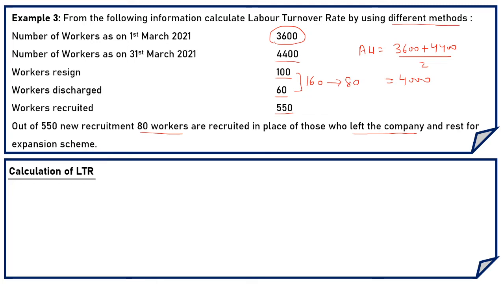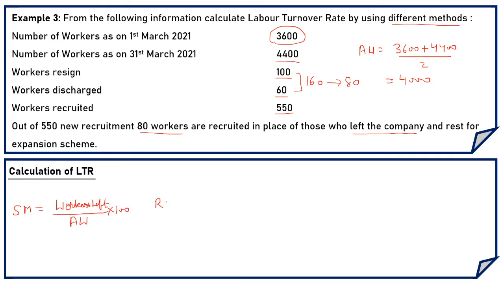Now to calculate labor turnover rate by different methods, first we write the formula. Our formula under separation method is workers left divided by average workers into 100.